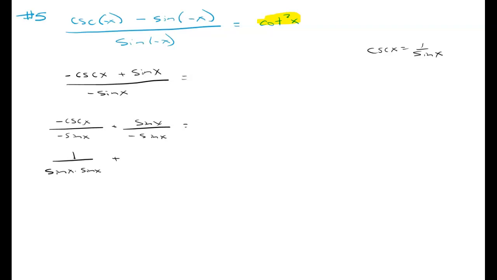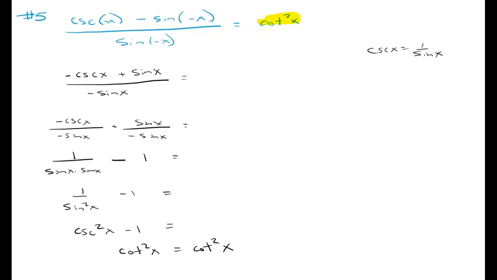And then the negative will make the addition sign become a negative, and then sine over sine is just 1. Sine times sine is sine squared, minus 1, and then this becomes cosecant squared of x minus 1. Using your Pythagorean identity, that is the same thing as cotangent squared of x.